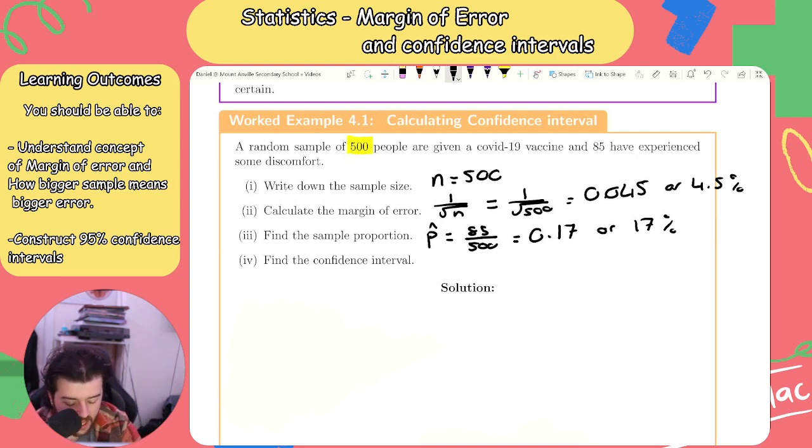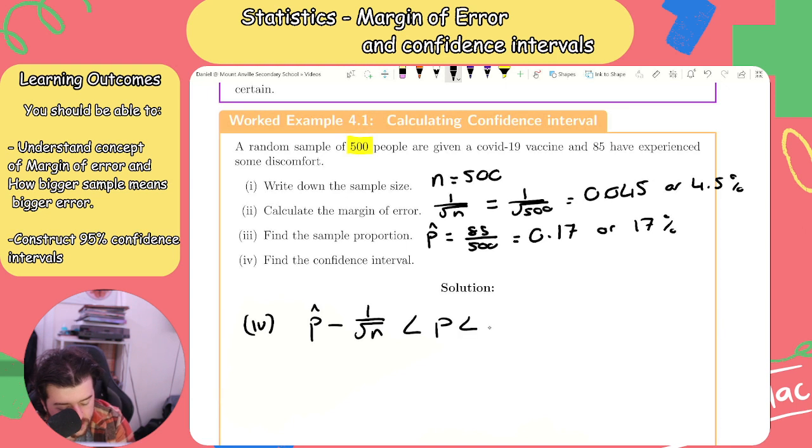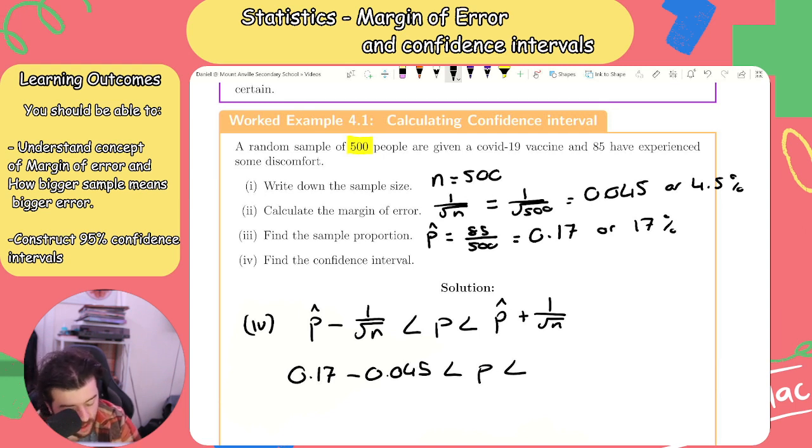Find the confidence interval. I want to make an interval of values in which the true population proportion can lie. That's going to be p hat minus my margin of error, 1 over root n, is less than p, which is less than p hat plus 1 over root n. That is 0.17 minus 0.045 is less than p, which is less than 0.17 plus 0.045.